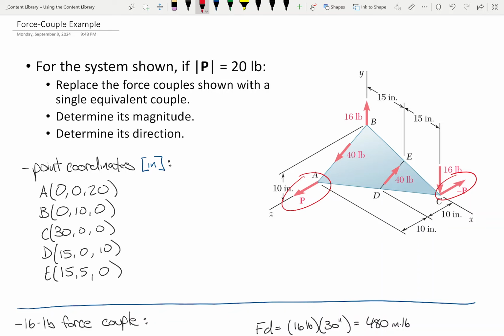What's the moment arm? 30 inches. So therefore, that moment is going to be 20 times 30, which is it positive or negative? Positive. 600 what? J. About the y-axis, J. Does that make sense, everybody?